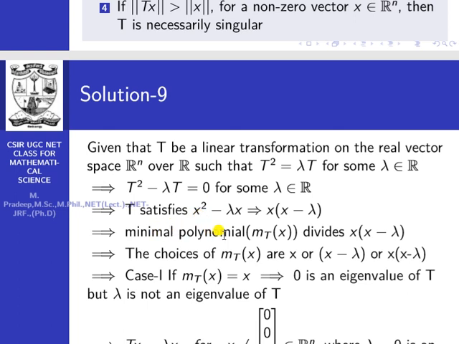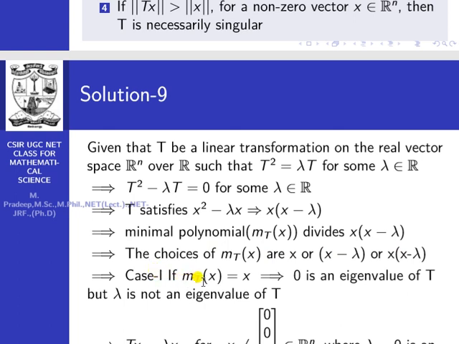So what is the minimal polynomial? The minimal polynomial divides this polynomial, x into x minus lambda. The choices for the minimal polynomial are x, or x minus lambda, or x into x minus lambda. I will consider the three cases.